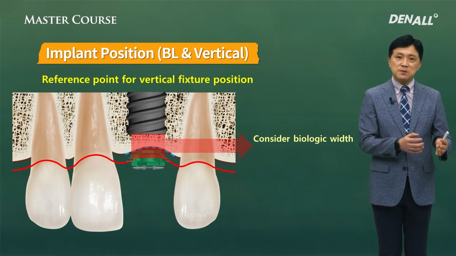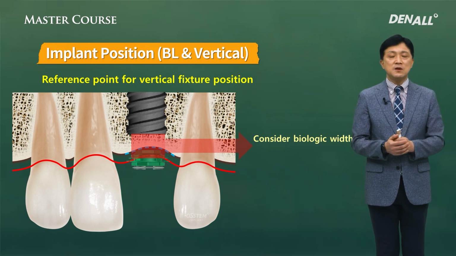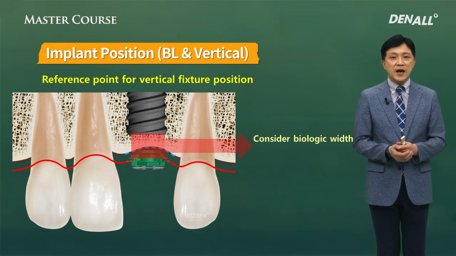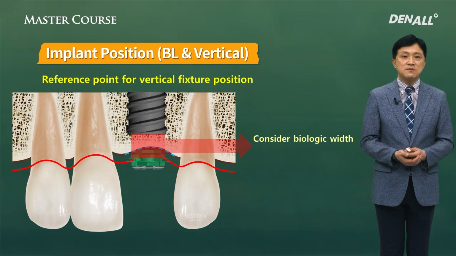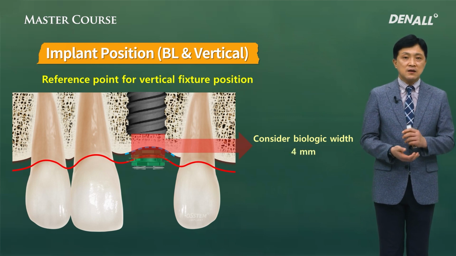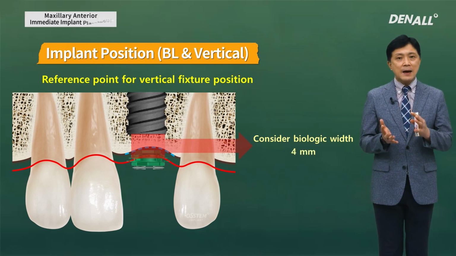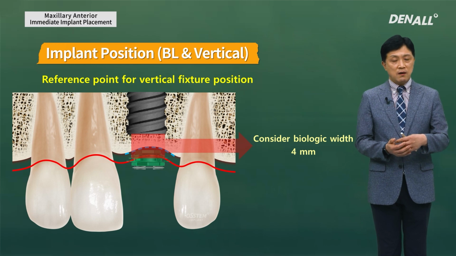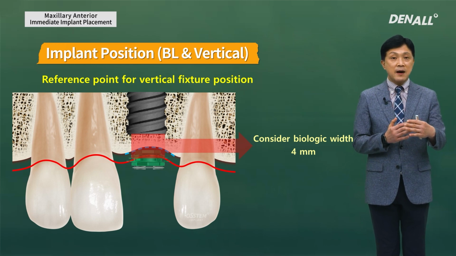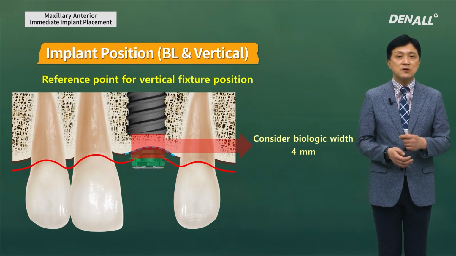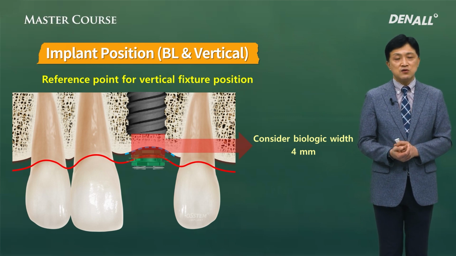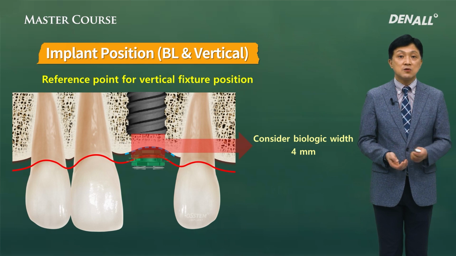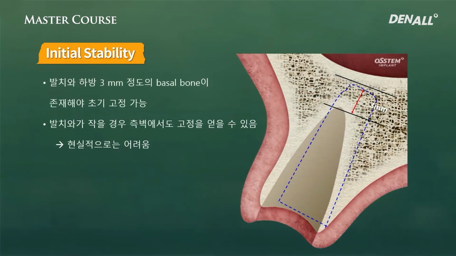But if you place implant shallower than deeper, aesthetically and in terms of long-term prognosis, it's not very favorable. So implant biologic width is 4 millimeters. So 4 millimeter soft tissue needs to be present on top of the implant platform. That needs to be considered.